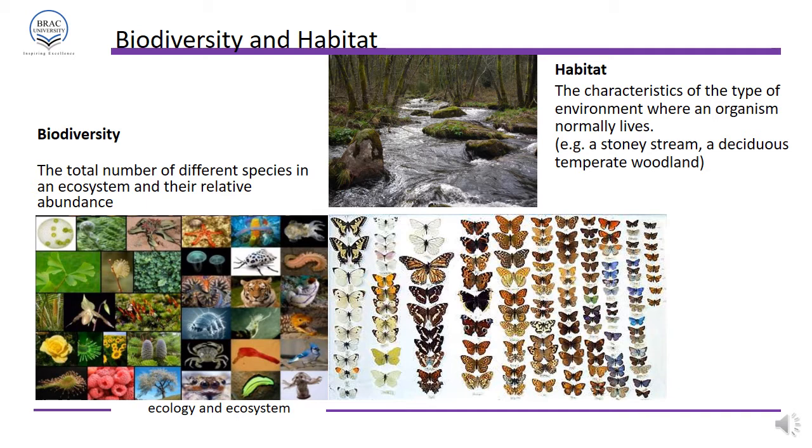It can have different species altogether, and one single species with different types of breed can form biodiversity as well. For example, different types of butterfly found in a specific area can also enrich the biodiversity element. Habitat is the area or environment where organisms usually live.